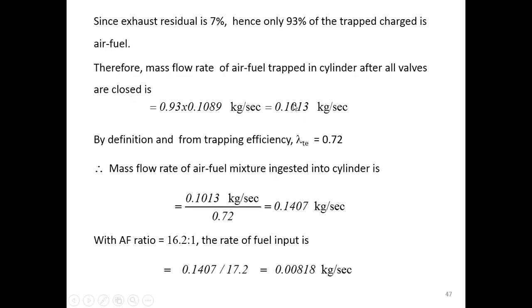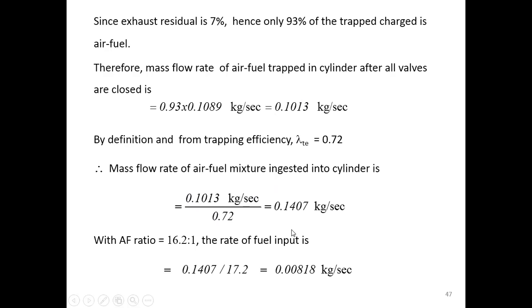Then we go back to the information from the trapping efficiency, which is 0.72. So we can find the mass flow rate of the air-fuel mixture that actually flows into the cylinder: this number divided by 0.72.